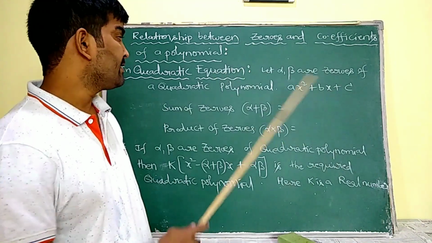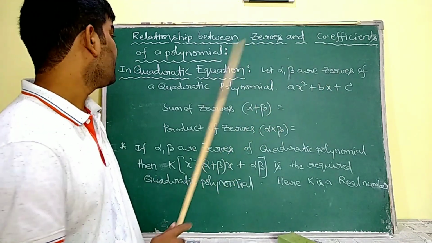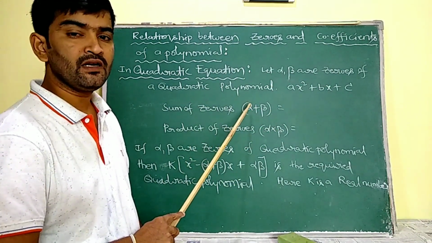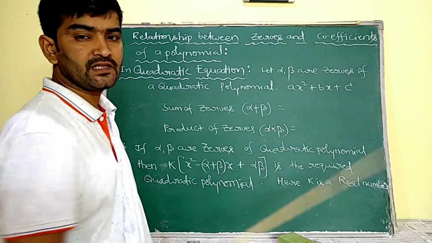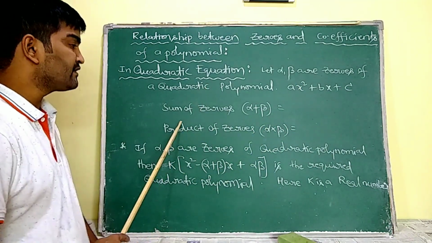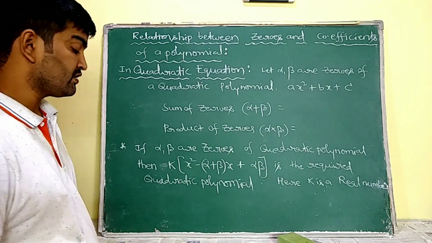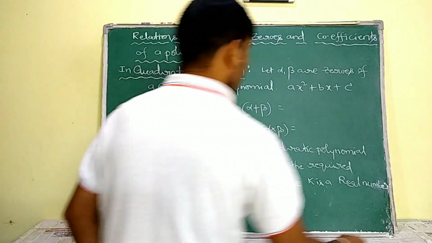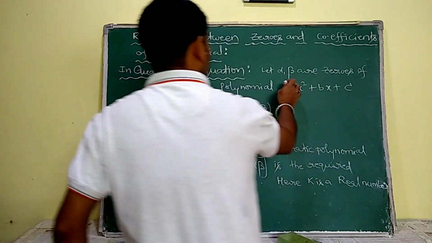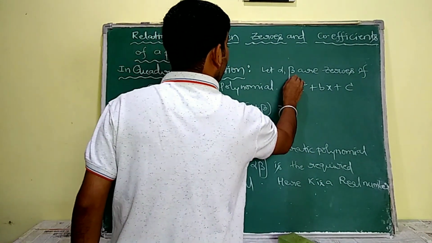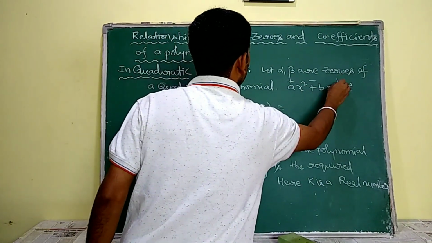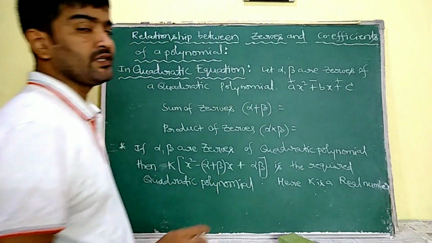Like alpha comma beta are zeros of a quadratic polynomial ax square plus bx plus c. Then sum of zeros and product of zeros we are going to calculate by using a small shortcut. Here you have to write plus, minus, plus alternately on each term.